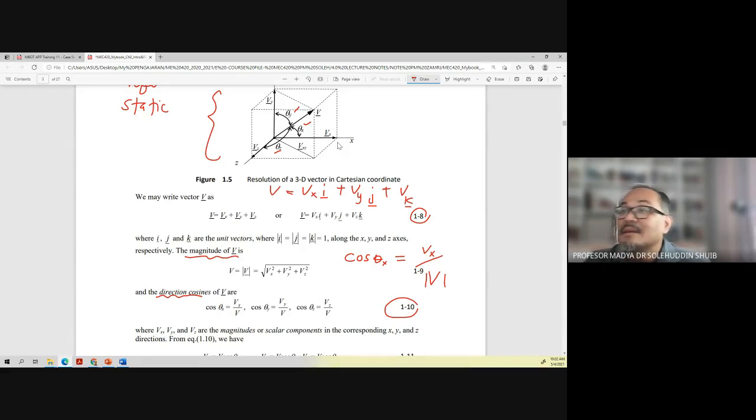Okay, this is how to get the magnitude. So in order for you to find the direction cosines, cosine theta x, cosine theta y, and cosine theta z, you take vy divided by v for cosine theta y, and cosine theta z is vz divided by v.